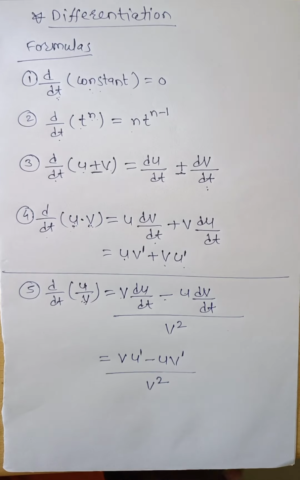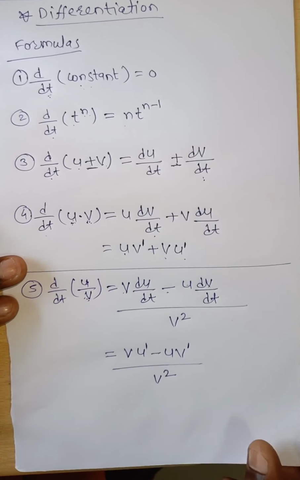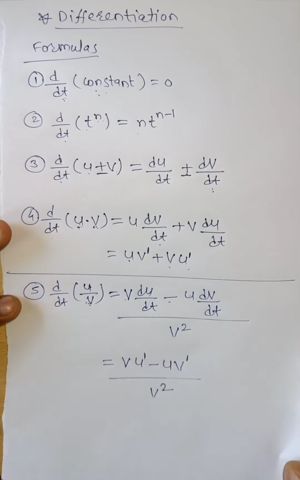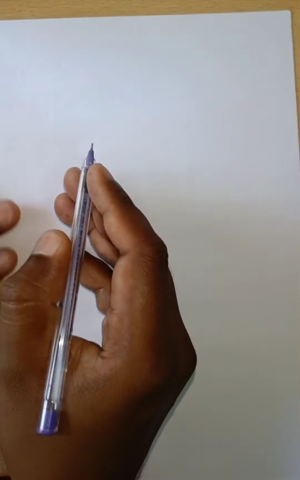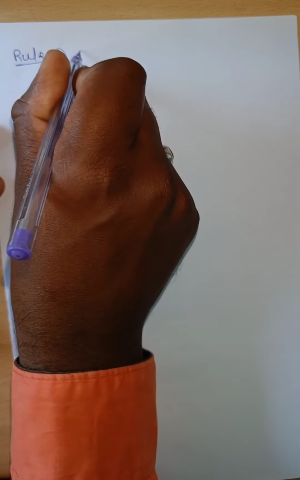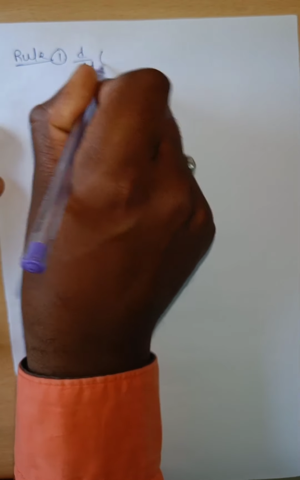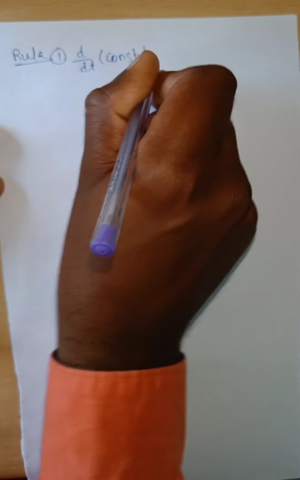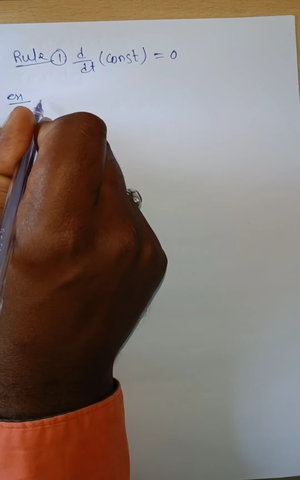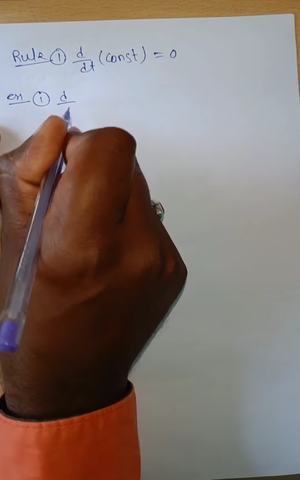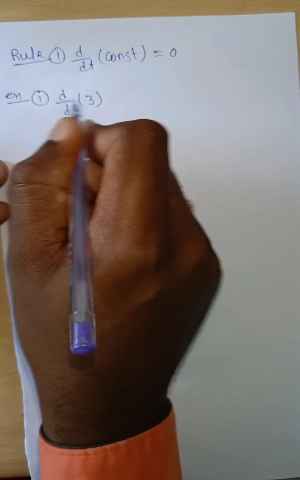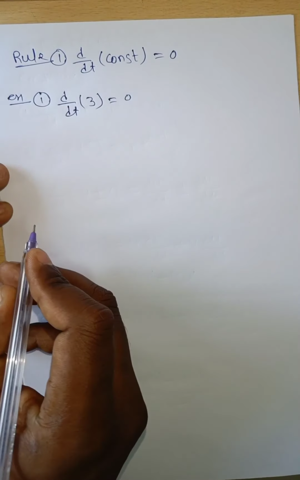Now we have to apply the rules one by one. First rule: d by dt of a constant is 0. Example: suppose d by dt of 3, which is a constant, therefore d by dt of 3 is 0.